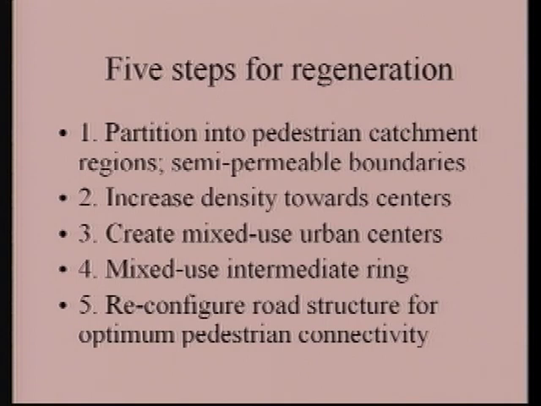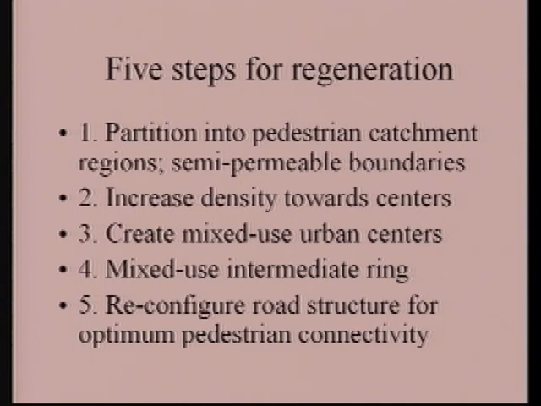Once we have this partition, we increase the density towards the center of the catchment region by successively building more and more things toward the center, and we wish to create mixed-use urban centers. The maximum number of uses that exclude only uses such as heavy industry or a rock concert stadium that will disturb the other uses.